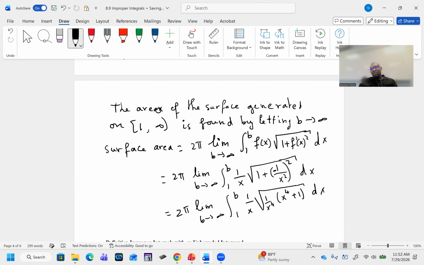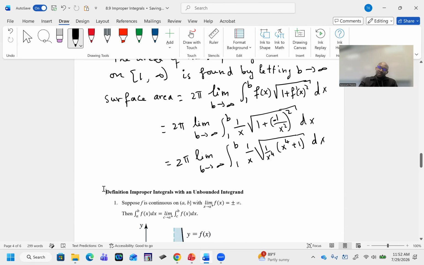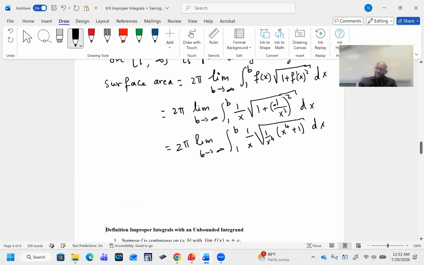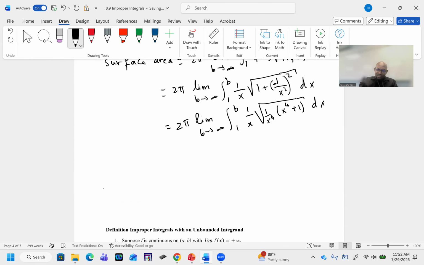We can take 1 divided by x to the power of 4 outside the integral, so it will become 1 divided by x squared, times the limit, 1 to b, and this one will be 1 divided by x cubed, right?